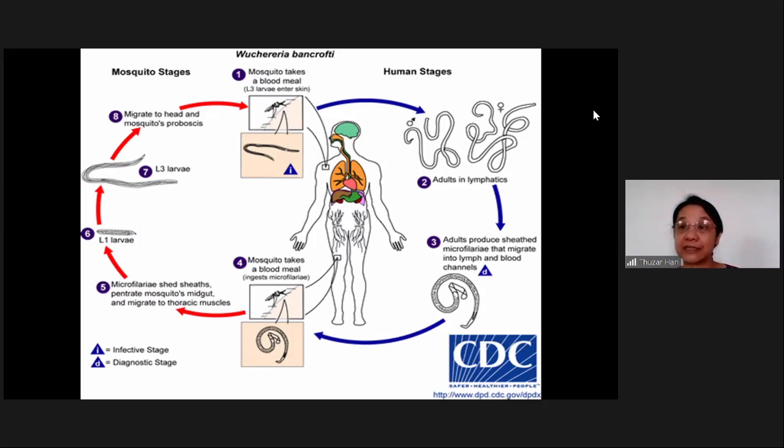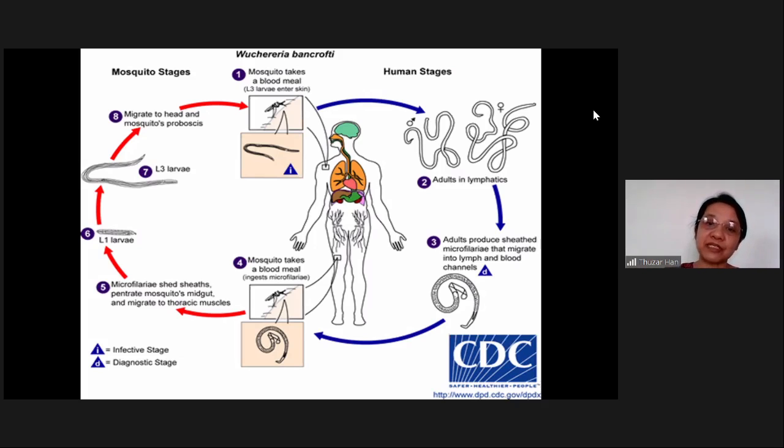They do not lay eggs, so that is not oviparous. They directly give birth to the larva. That is viviparous. They give birth to microfilariae, and these microfilariae live in the pulmonary capillary bed, and then they go to the peripheral circulation.